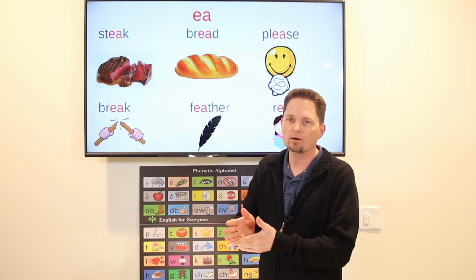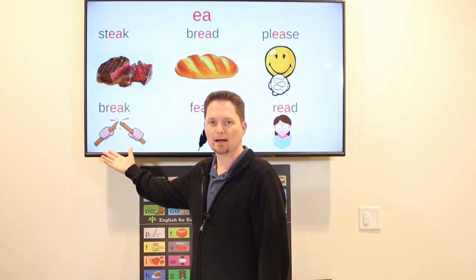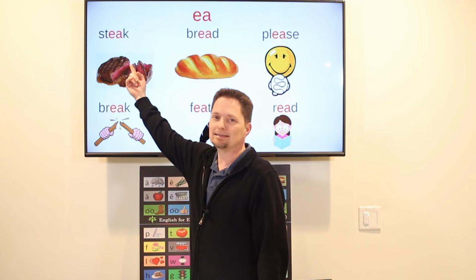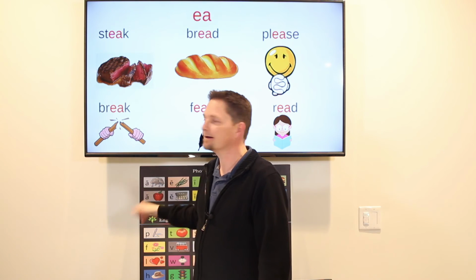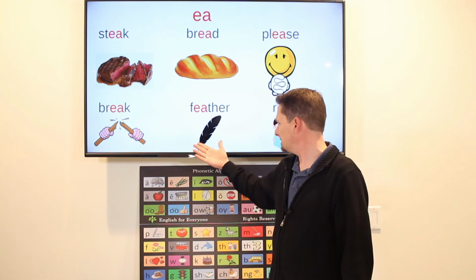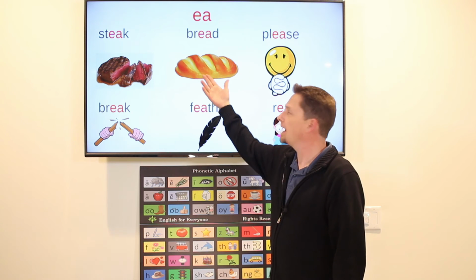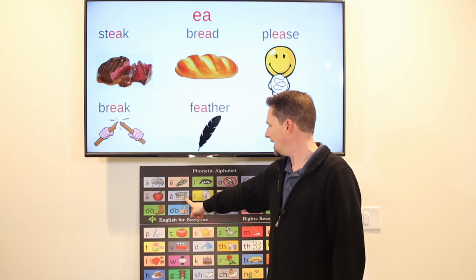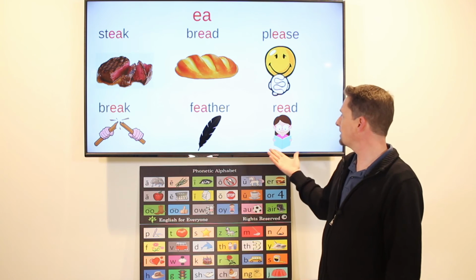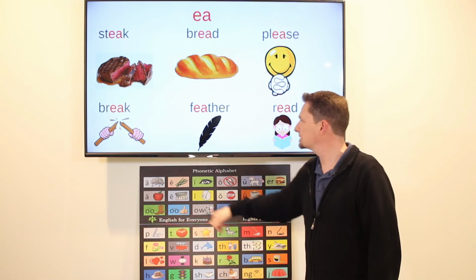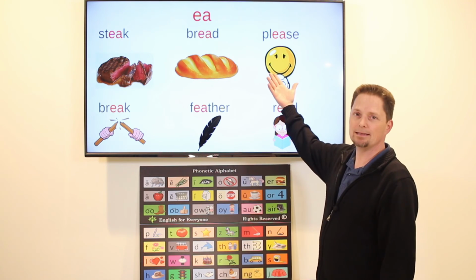Look at each word. Example: break, using the long A, break, and steak. But here we have EA making the sound like feather, feather, and bread. And here we have read, with a long E like green beans. Read and please.